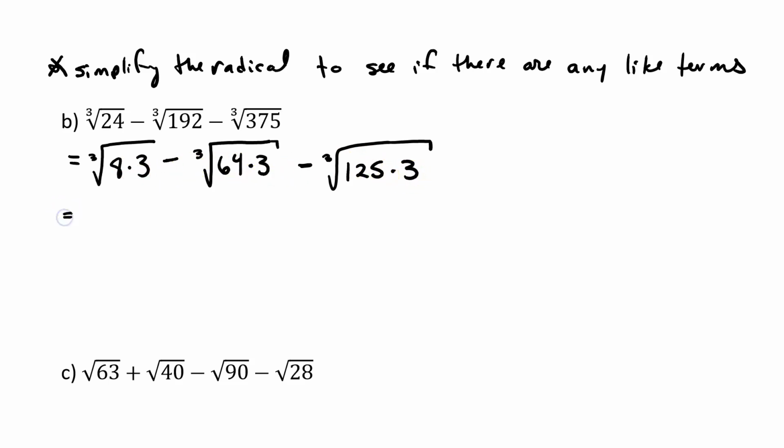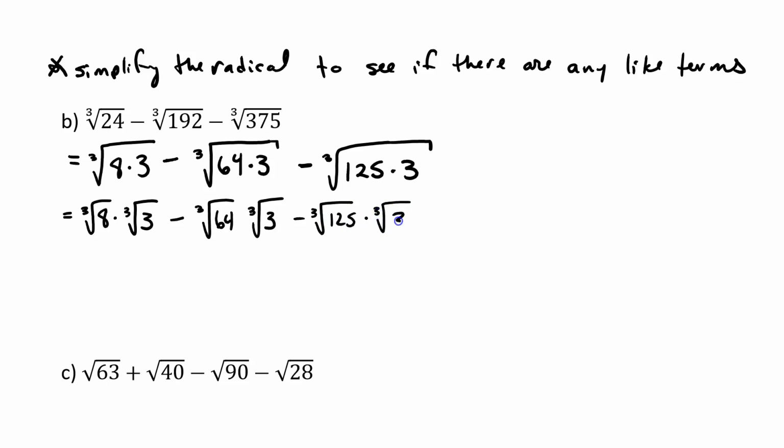So if I wanted to take this really slow, I would say, okay, the cubed root of 8 times the cubed root of 3, remember this is an index, not a coefficient, minus the cubed root of 64 times the cubed root of 3, minus the cubed root of 125 times the cubed root of 3. So the cubed root of 8 is going to be 2.